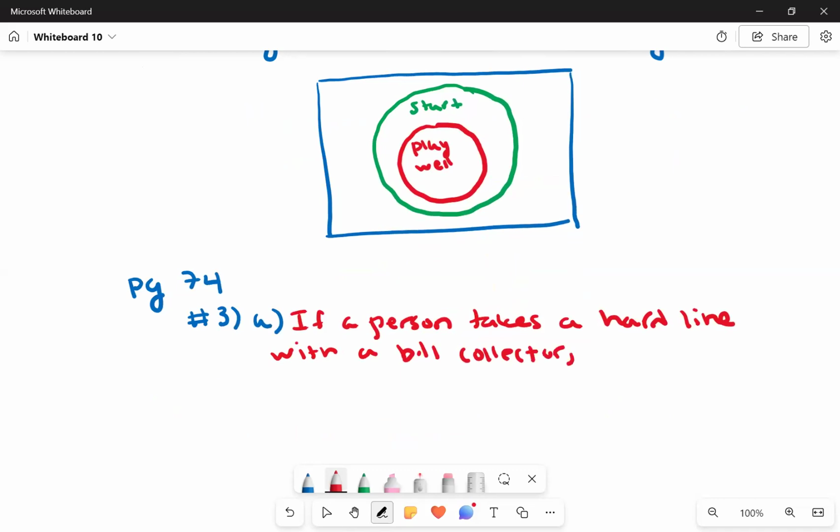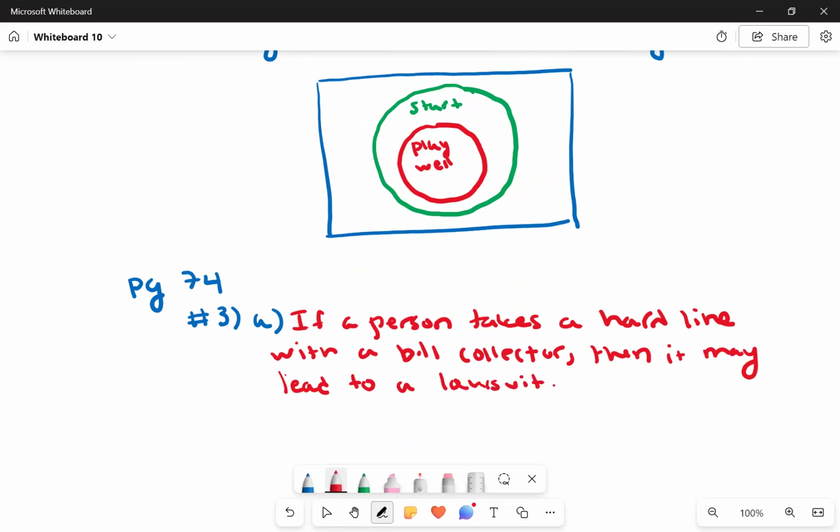So here's the conclusion. Then it may lead to a lawsuit. So that's how we could write this in an if-then format.